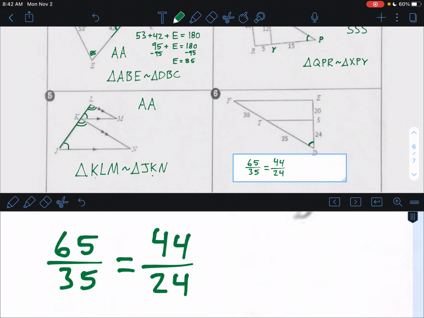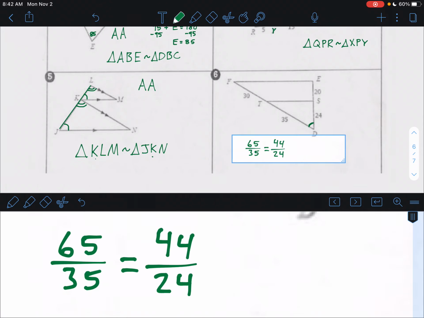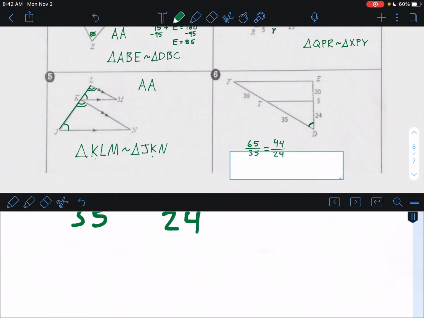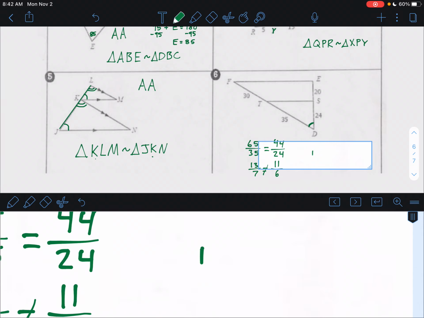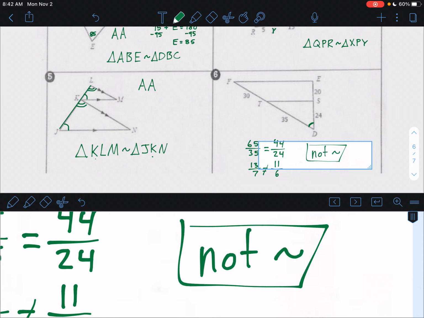I want to reduce these fractions. 65 over 35 is going to reduce to 13 over 7. 44 over 24 is going to reduce to 11 over 6. 13 over 7 doesn't equal 11 over 6. So we're not able to say that these are similar triangles. Therefore, they're not similar. Okay.